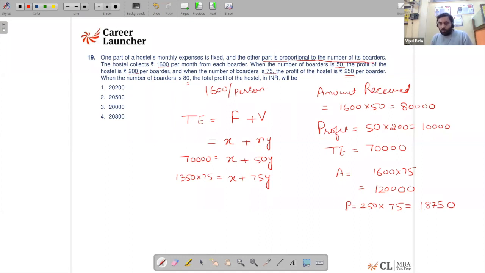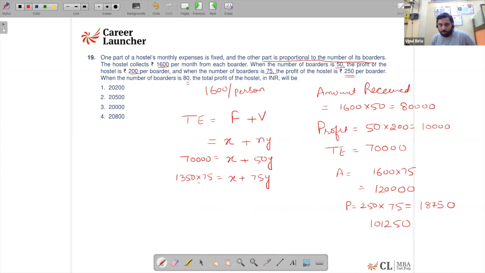Right. So therefore, the difference of these two is 1,01,250, because 1,20,000 minus 18,750 is going to be 1,01,250.